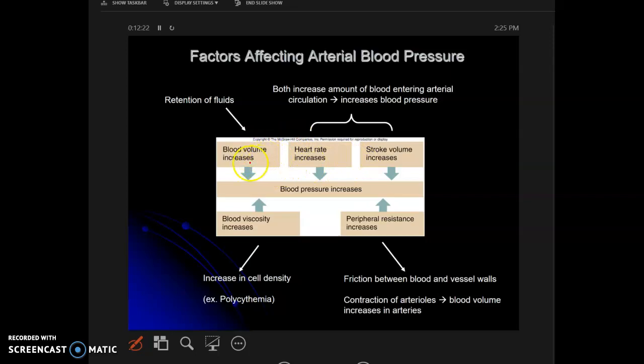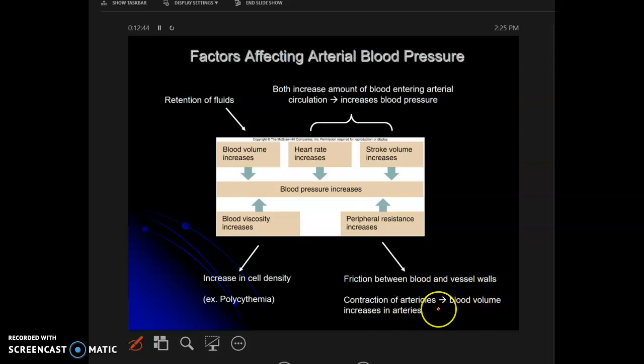Blood volume: if there's more retention of fluids, the blood pressure will increase. Now, what about blood viscosity? If there's an increase in cell density, if there's polycythemia, then there will be a higher blood pressure. If there's peripheral resistance, meaning there's friction between blood and vessels, right? And why is that?